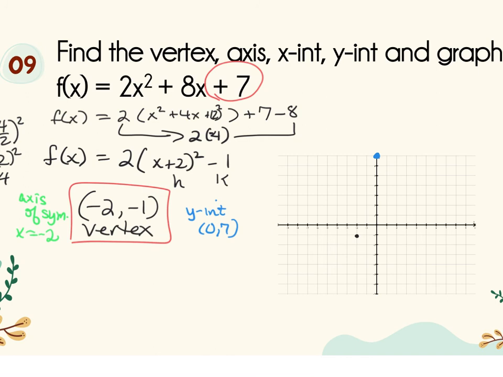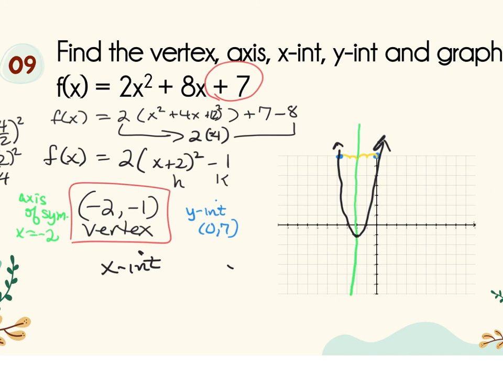And then my axis of symmetry is this imaginary line. I can see that this is 2 spaces away, so I'll come 2 over here, put my third point, connect them, and make your parabola.